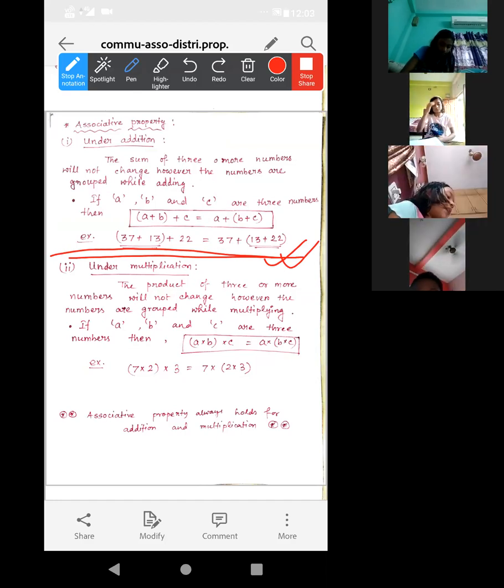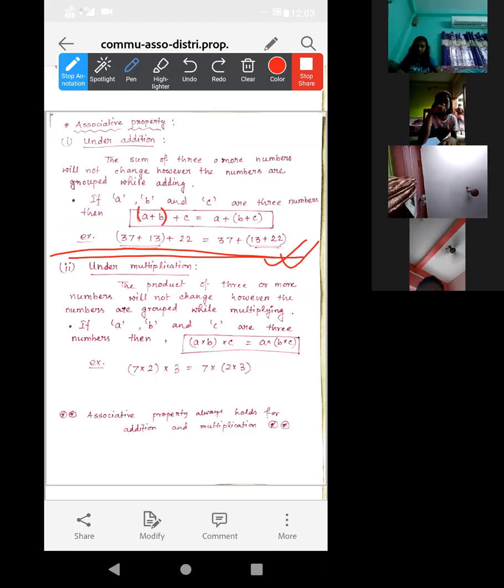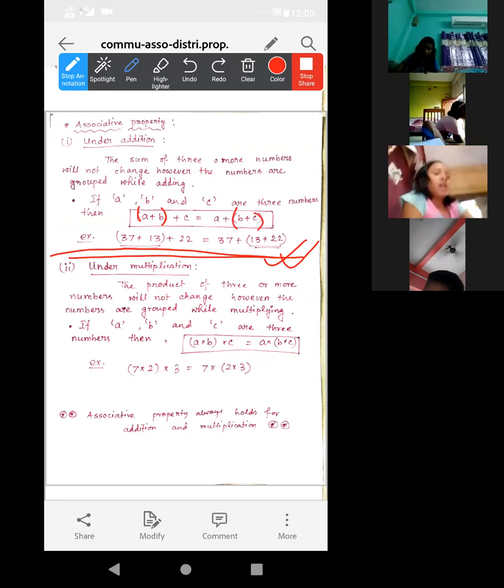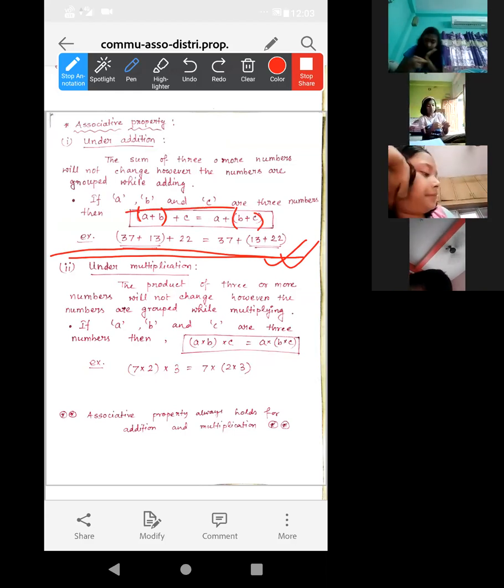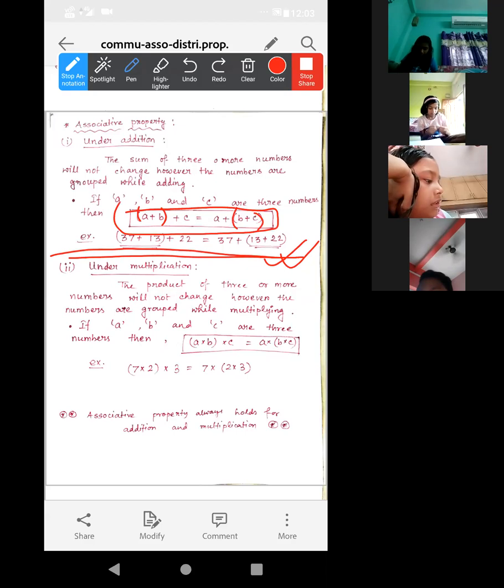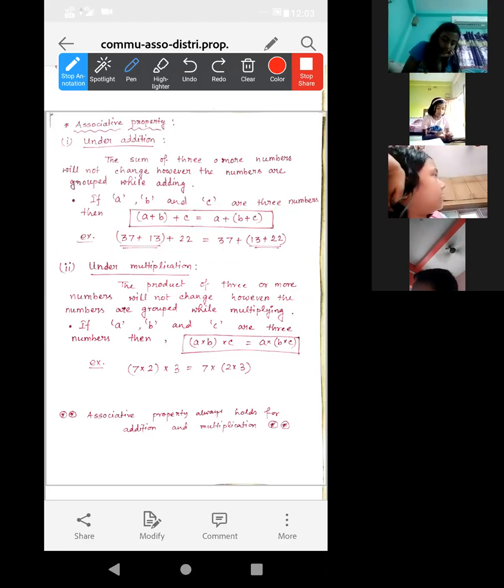In general, from three numbers we take A, B, C. Then (A plus B) plus C, with A plus B in the first bracket, is equal to A plus (B plus C), with B plus C in the first bracket. Make a rectangular box also. Okay, do up to this. I have also given an example.